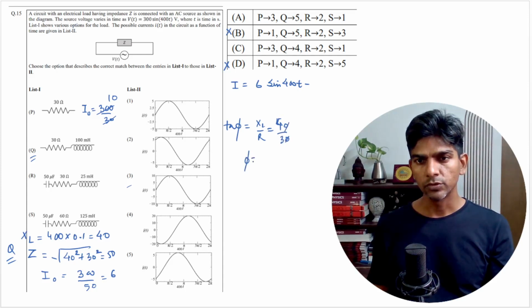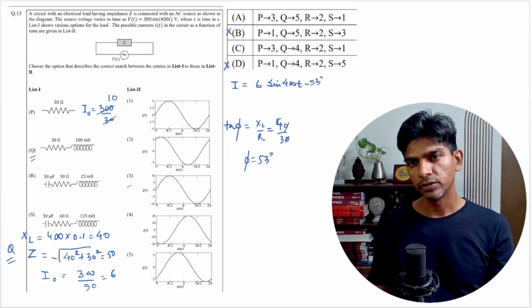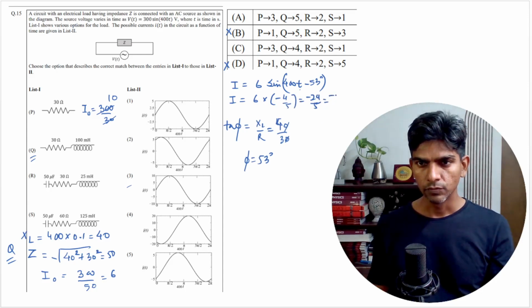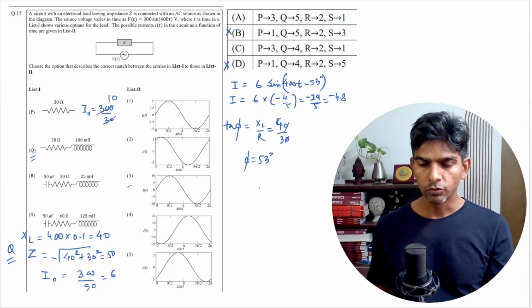So phi comes out to be 53 degrees. So it will be minus 53 degree. So it means at t equals to 0, I will be 6 times minus sine 53, which is 4 by 5. So that will be minus 24 by 5, which will be minus 4.8. Right? It will be minus 4.8.